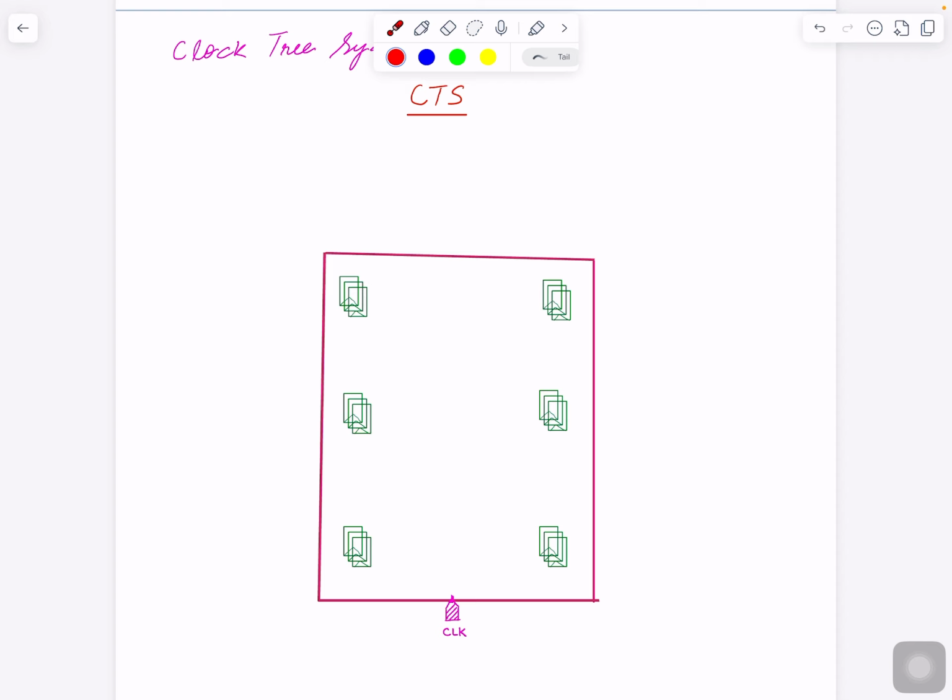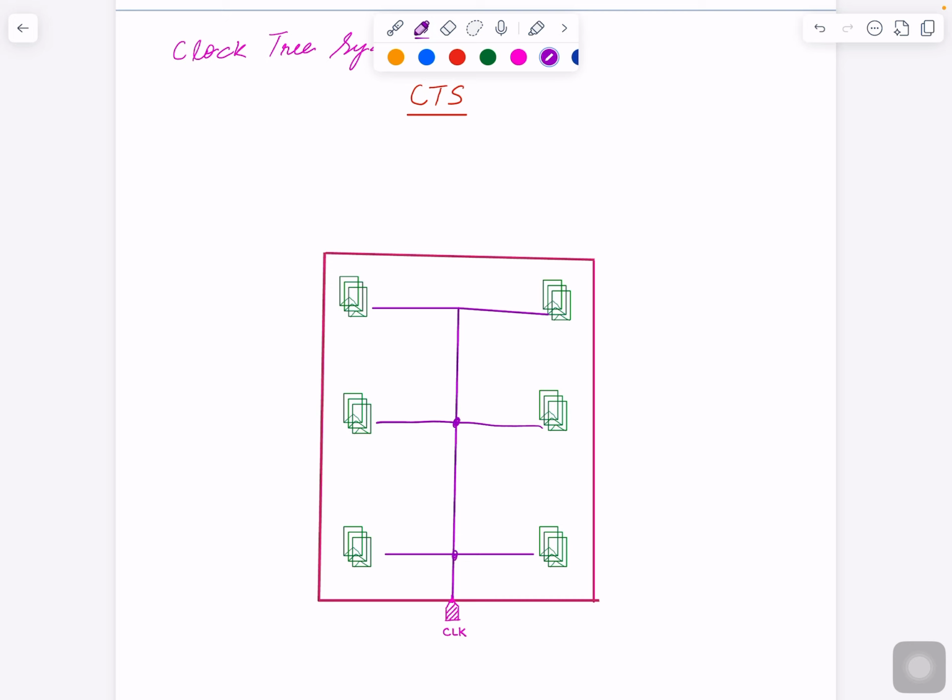So one option is I don't do anything fancy, and I simply bring a metal here and then I connect all of them with this, like this, and similarly this one.